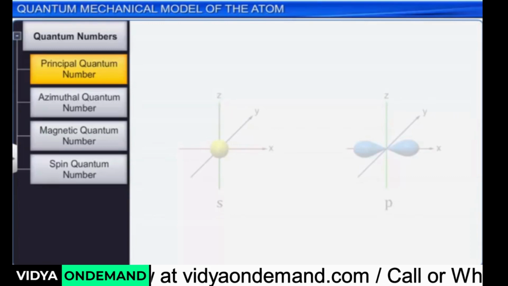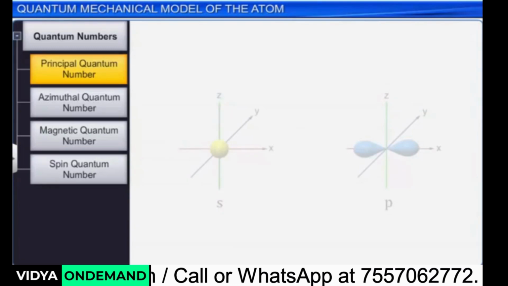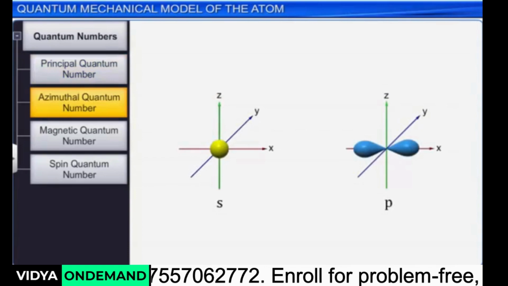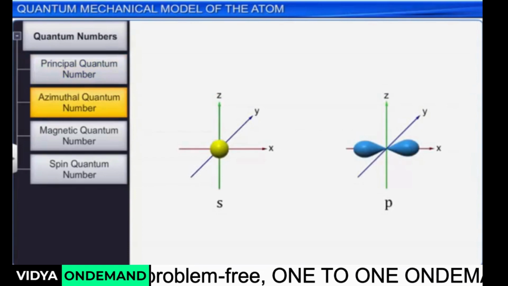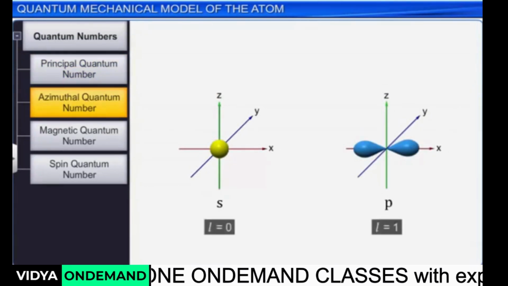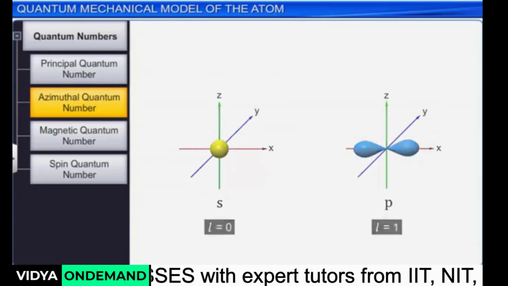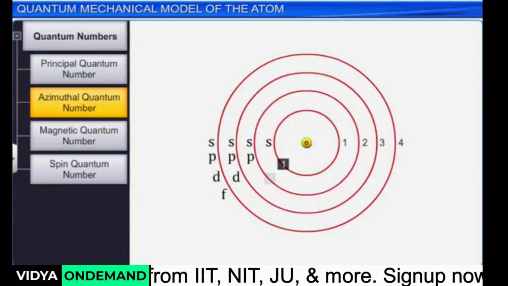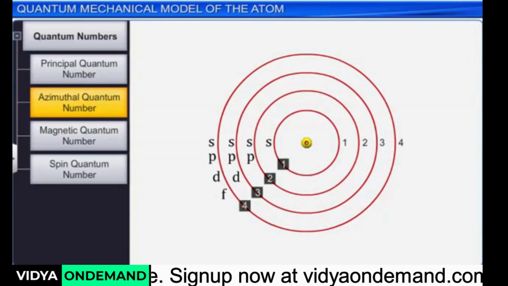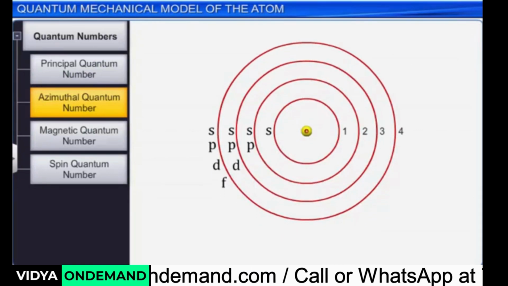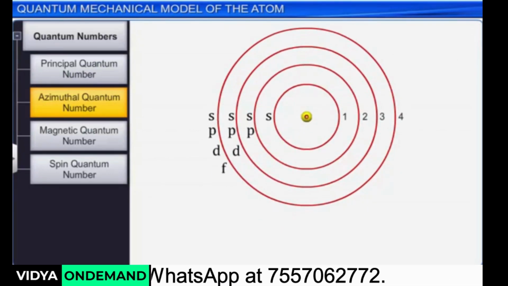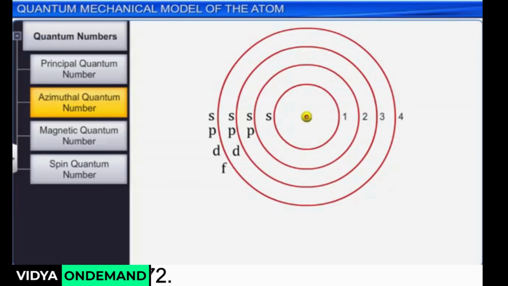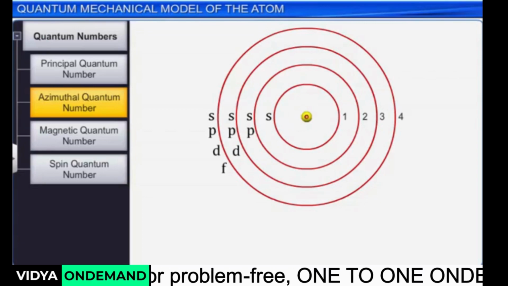Let us move on to the next quantum number, that is, the azimuthal quantum number. It is denoted by the letter l. The number of subshells is given by the azimuthal quantum number. The azimuthal quantum number is also known as the orbital angular momentum or subsidiary quantum number.